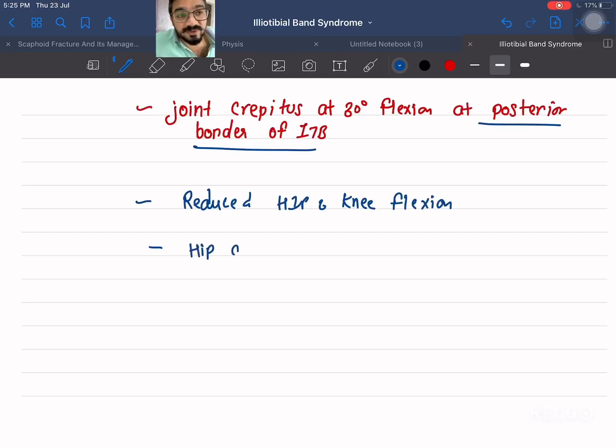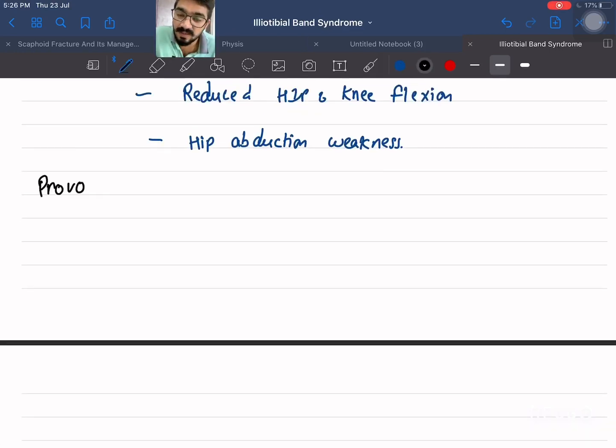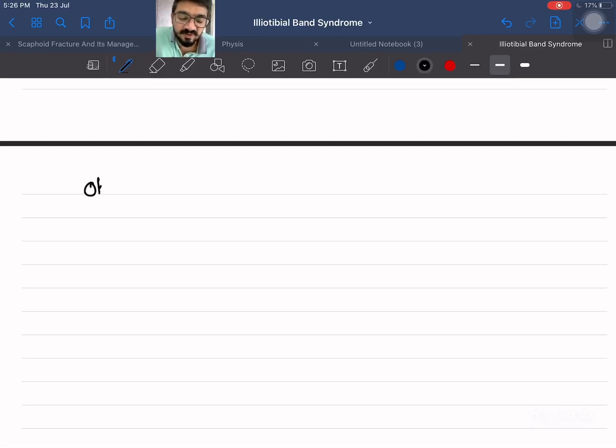And if you want to reproduce the pain of iliotibial band syndrome, that can be done by means of the single leg raise test. And there are provocative tests as well. One of them is Ober, second is Noble, third is Thomas, and the fourth is Renne Creek test.